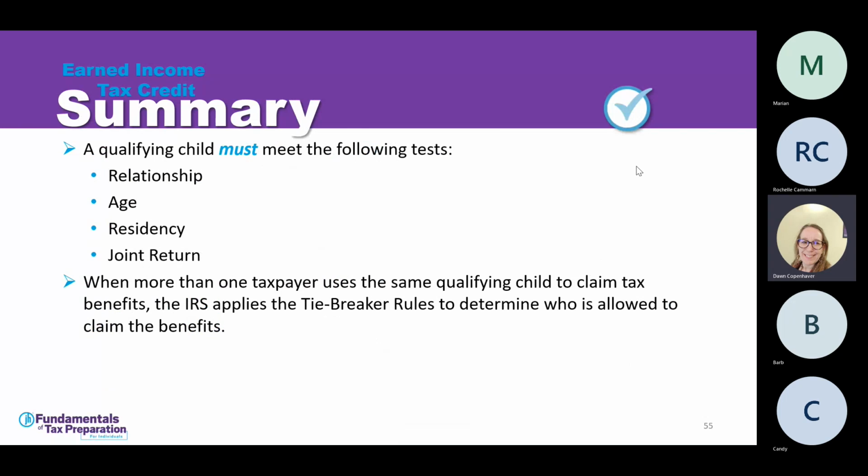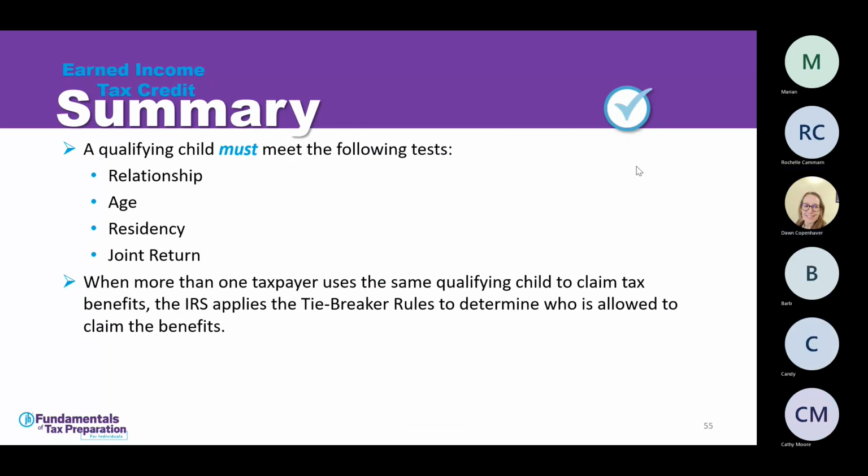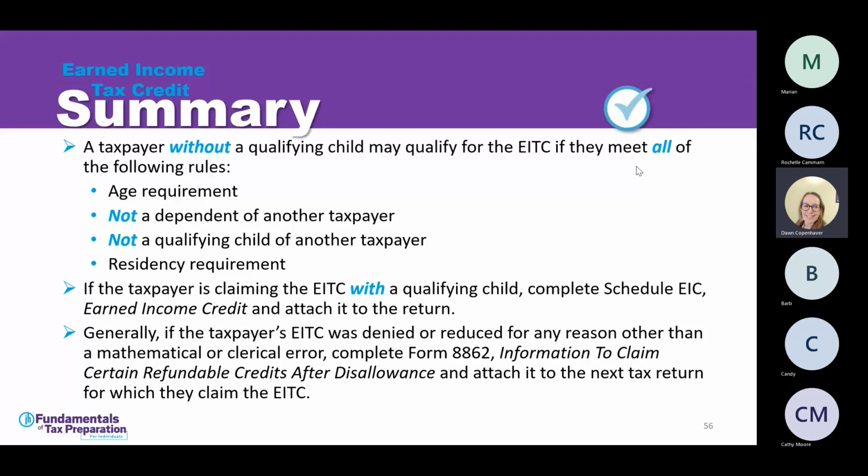We talked about the qualifying child test, and we talked about the rules for tiebreakers to determine who's allowed to claim those children for those benefits. A taxpayer without a qualifying child may qualify for the earned income credit if they meet all of the following: the age requirement, not being a dependent of another taxpayer, not being a qualifying child of another taxpayer, and they have to meet the residency requirement.